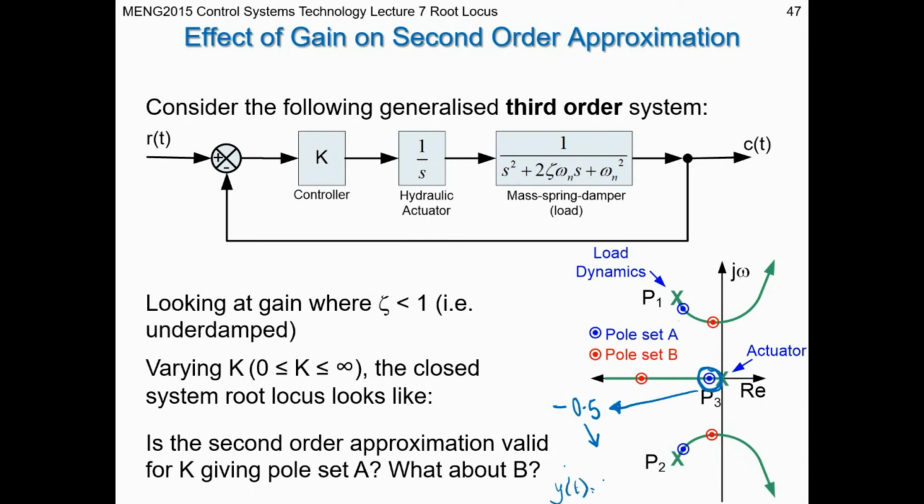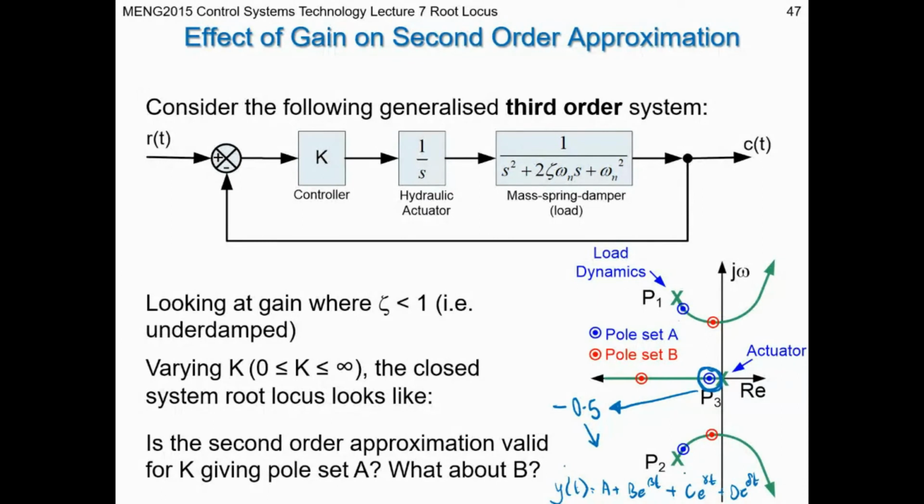Our output function is a constant plus a set of exponential terms, right? And remember the power of the exponential is the closed loop root locations, right? That's the roots of the characteristic equation.